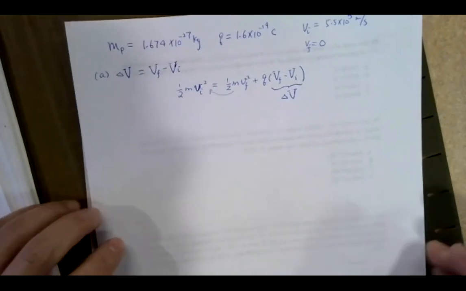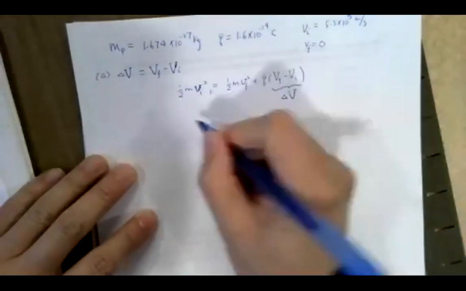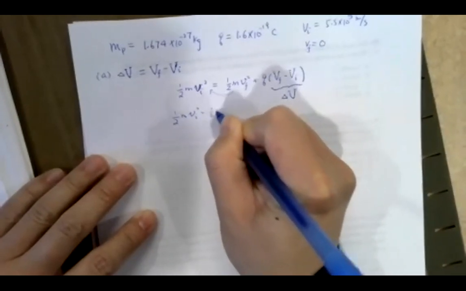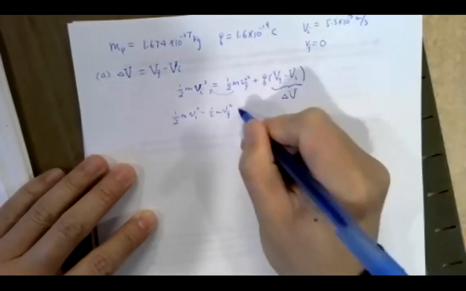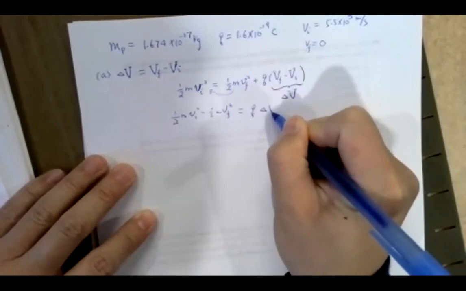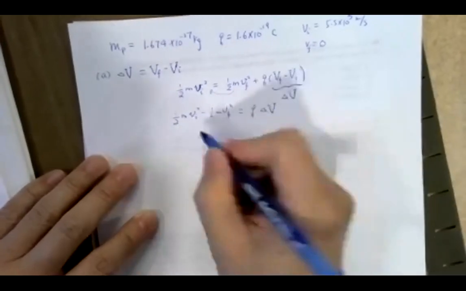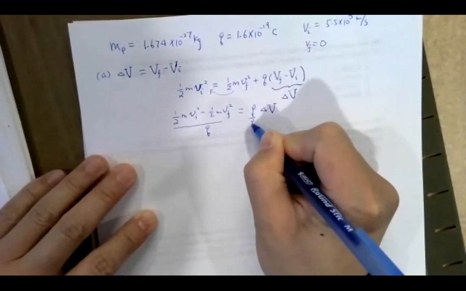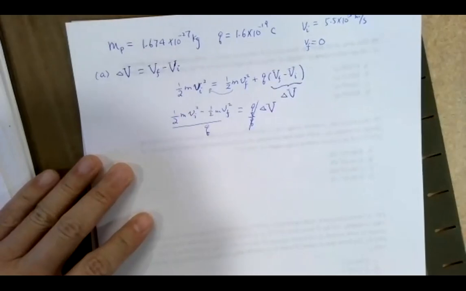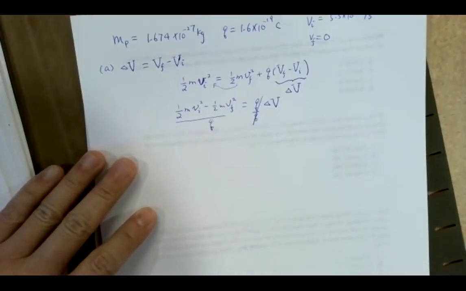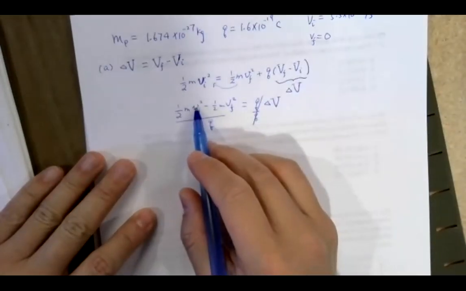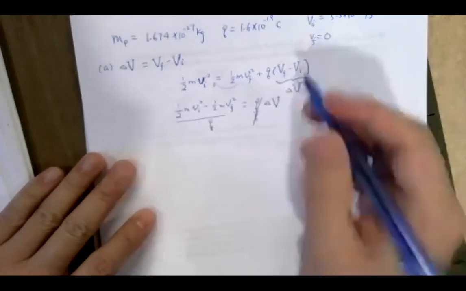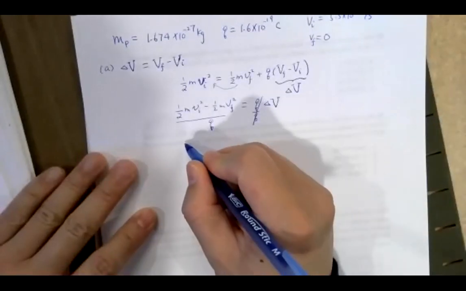So then 1/2 m v initial squared minus 1/2 m v final squared equals Q times delta of capital V. Then you can divide both sides by Q, so you have your delta V. It tells you the initial speed, the final is 0, and Q is 1.6 times 10 to the negative 19.